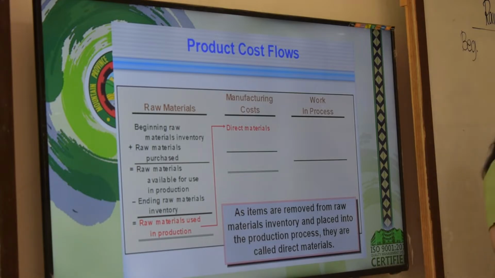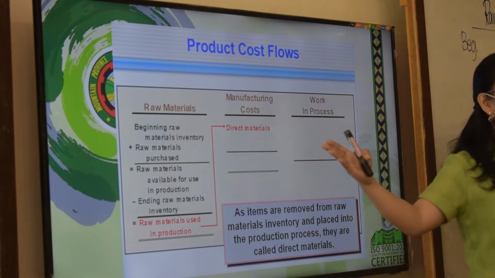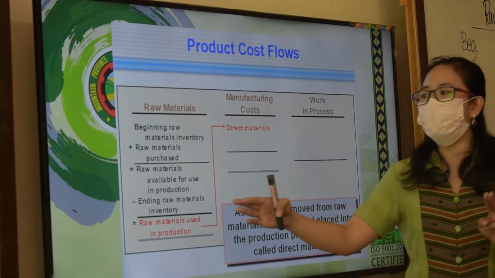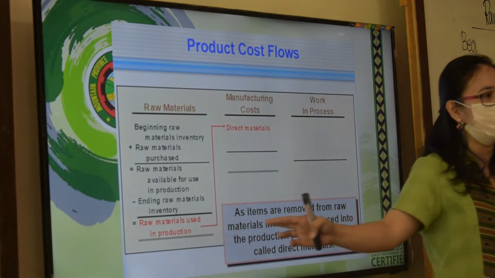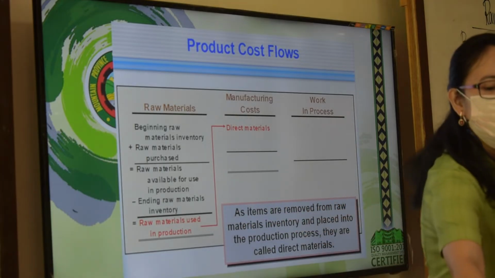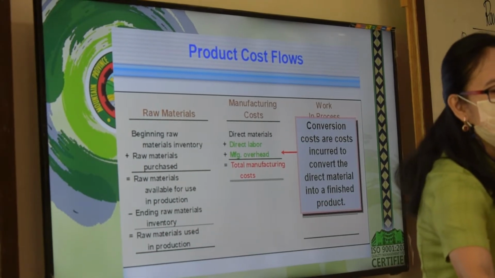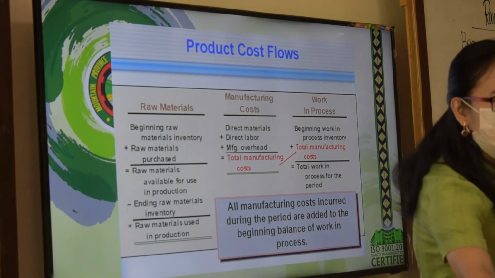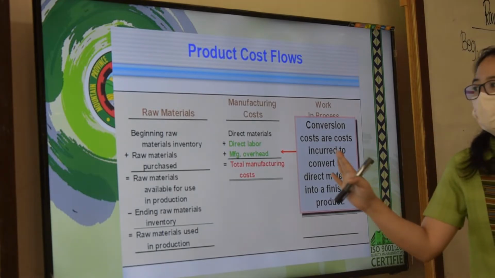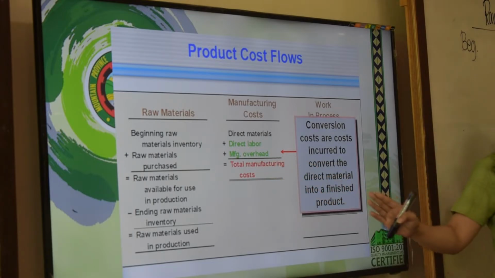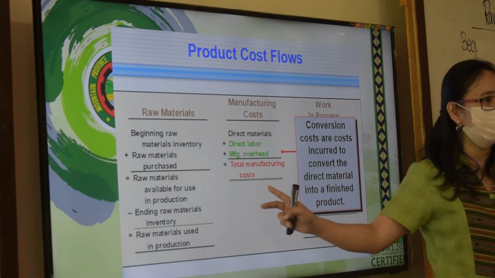Always remember that. Because later on, when there are problems where you have to compute for the raw materials purchases and what is given is something else, you will have to work it back. So deduct the ending inventory, and you have your raw materials used in production. When you forward it to the working process, we add the direct labor and the manufacturing overhead for us to come up with the total manufacturing cost.